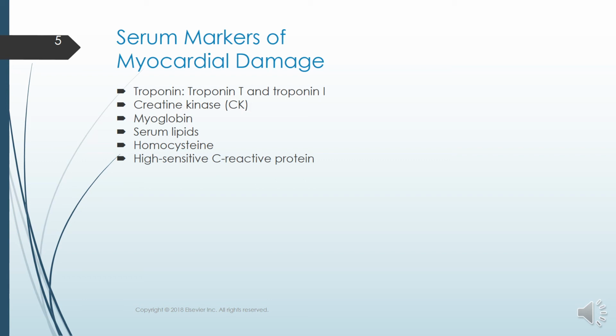It's a muscle protein that's specific to the myocardium. Okay? There are different kinds of troponins. One is T and one is I. And they're not found in healthy patients. So any rise in these values indicates some kind of cardiac damage.